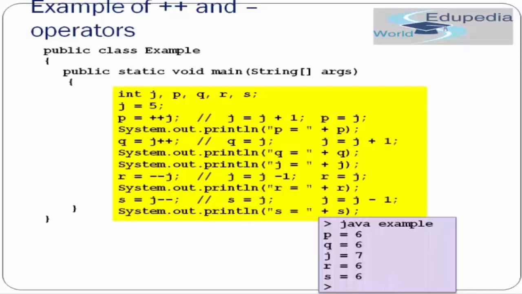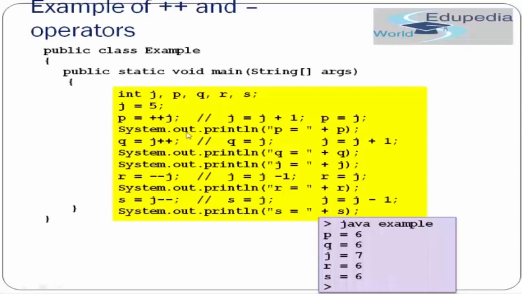So let's guess the output if you do system.out.println and print the value of p. Since initially j equals 5, j was incremented, firstly j was converted to 6 and that value 6 was assigned to P, so the value of P will become 6. If you run this program, you will see the value of P will be 6.